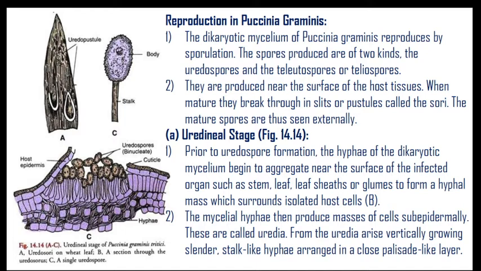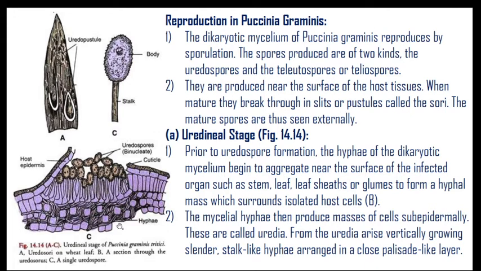When we take a cut through this transverse side, it shows this type of structure. First of all, there is the host epidermis. Below that host epidermis, they have a mycelium.